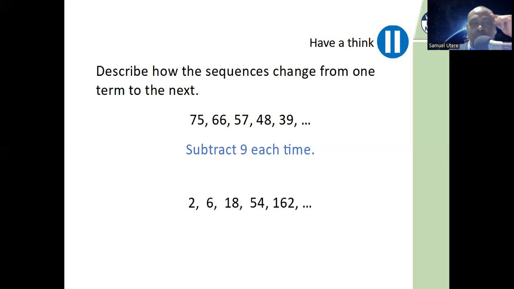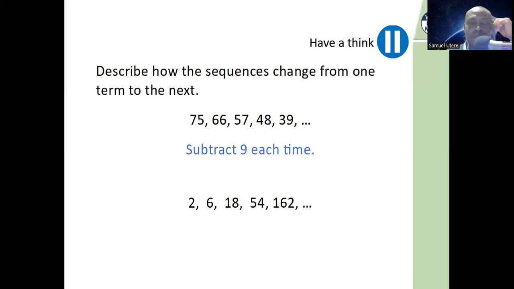I want you to have a think. What do you notice about this? And I want you to also think, is there only one way to describe the rule of a sequence, or is there more than one way of describing the term to term rule of a sequence?